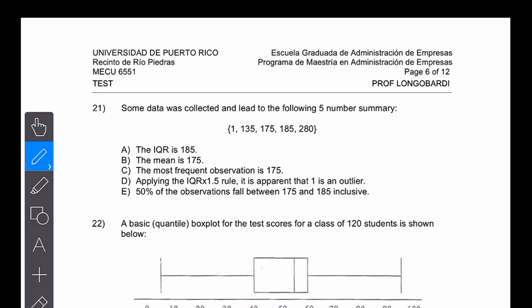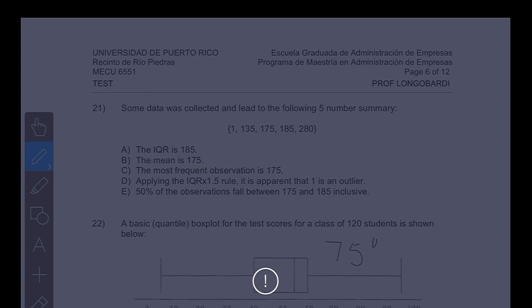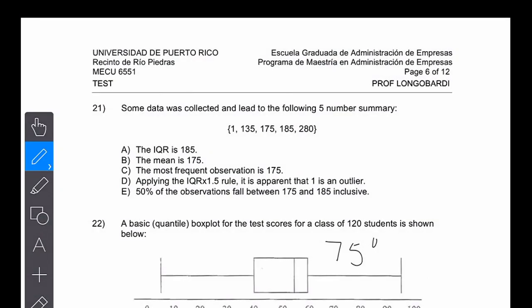So to calculate how many, you just take 75% of 120. Whenever I say the word of, you always multiply, okay? Of means multiply.